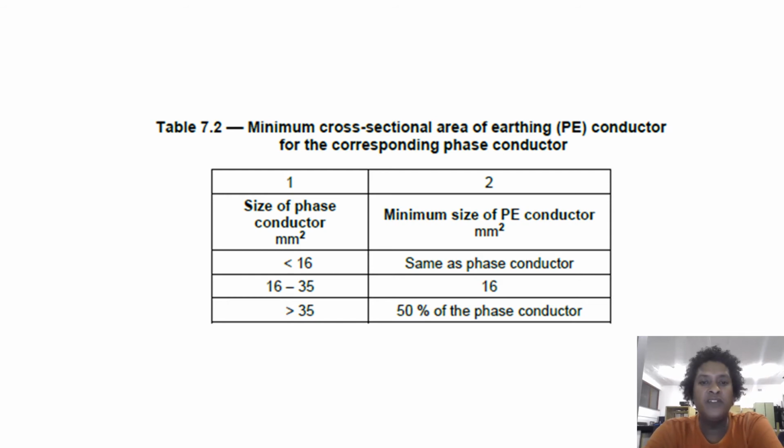Where the size of the phase conductor is between 16 and 35 square millimeters, the minimum size of the earthing conductor is 16 square millimeters. And where the size of the phase conductor is bigger than 35 square millimeters, the earthing conductor shall be 50% of the phase conductor.